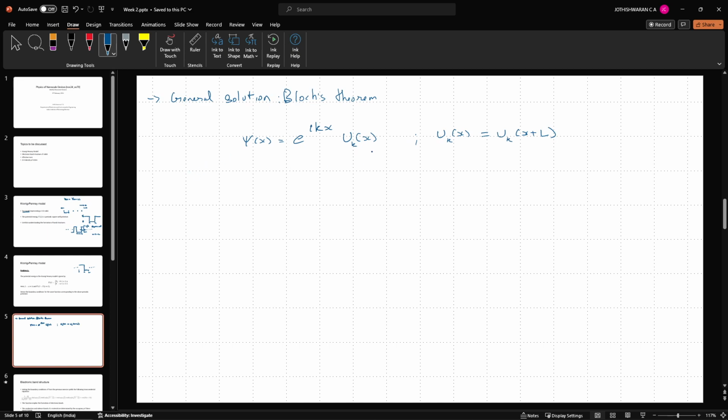So how do we go about this? The aim of the entire Kronig-Penney model solution is to identify this function u_k of x and what values will be present in it. We do this by considering the two regions.